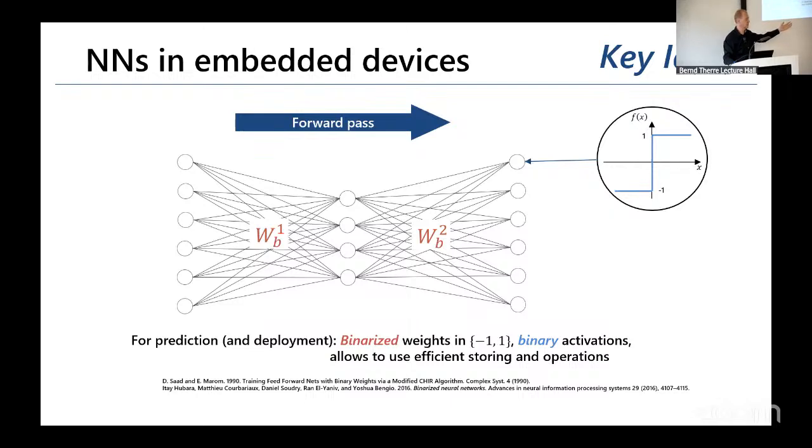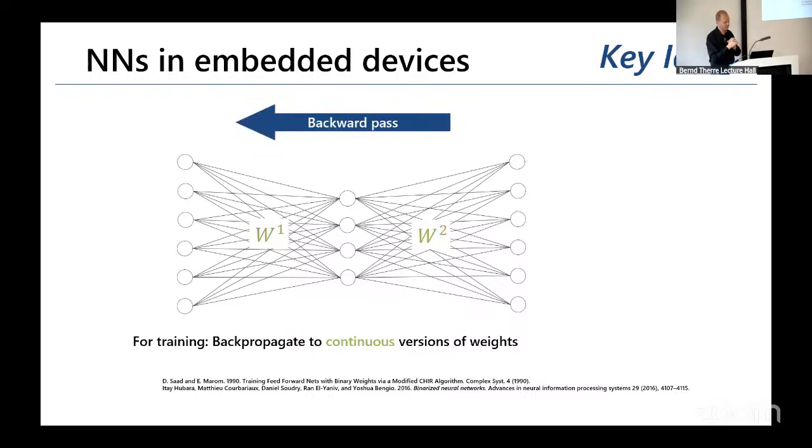Which makes sense, because if I were to not do this, then I might end up with a set of continuous valued weights that don't lend themselves to be binarized very well. And it's always a good idea to train a neural network in as similar a situation as you will be using it. So if you're going to be using it with binary weights, then let it get used to that situation. This is an idea that we found in the literature on embedded devices.